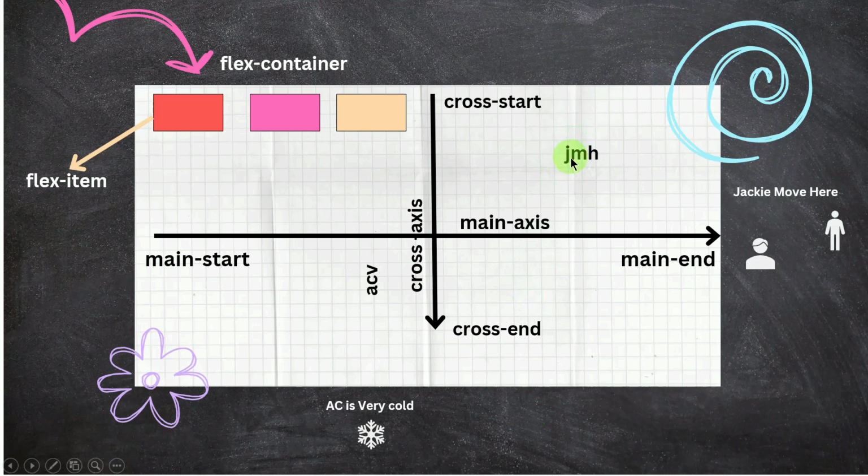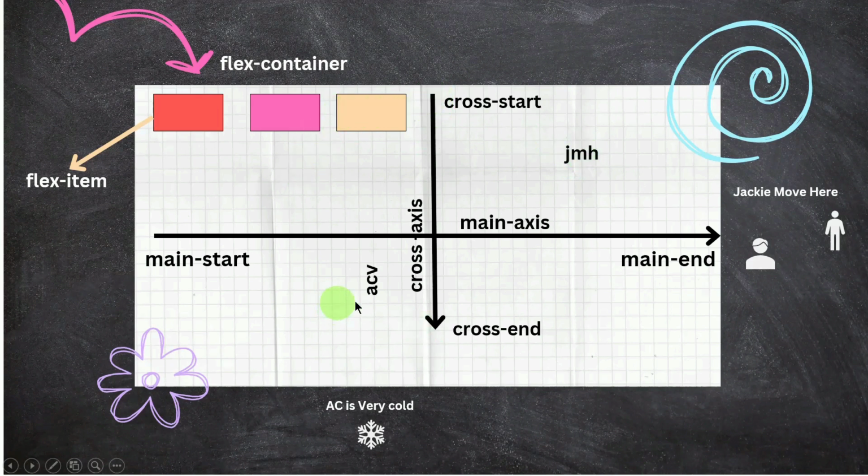So now why did I give this? J stands for justify content property, M stands for main axis, and H stands for horizontal. So whenever our flex direction is horizontal, that is row, our justify content will be horizontal and the x axis will be called the main axis.